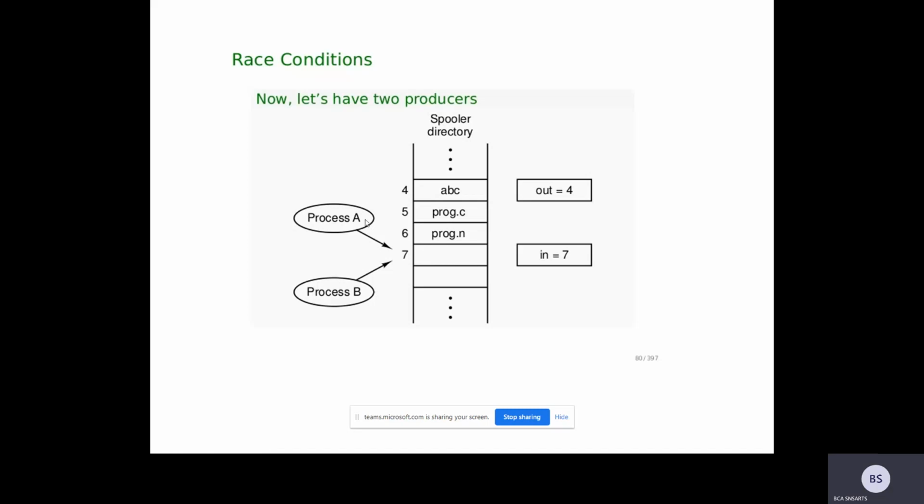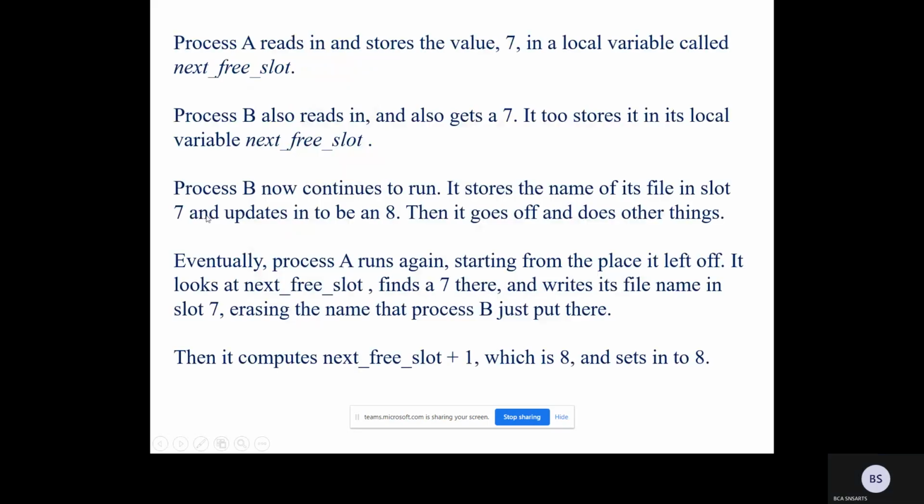Okay. The output depends on precisely who gets the slot. So process A reads the variable in and stores the value in a local variable called next free slot. Process B also reads in and gets the same value. It stores it in its own local variable called next free slot.